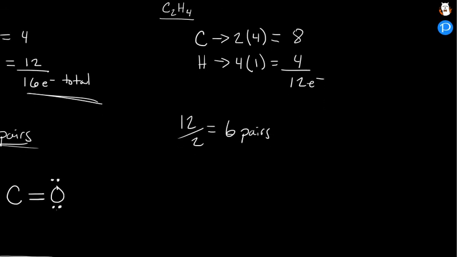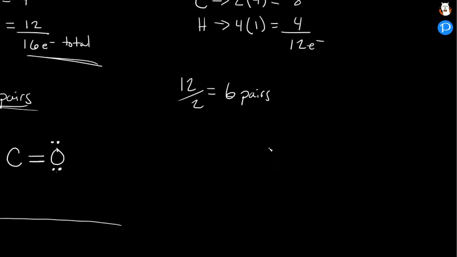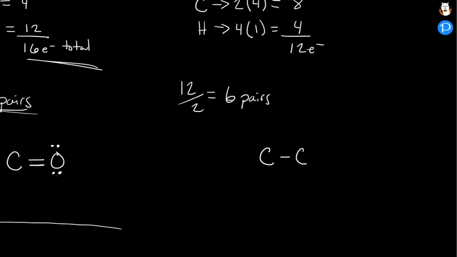Okay? Again, hydrogen can never be in the middle. So in this one, it's going to be 2 carbon atoms in the center surrounded by 4 hydrogen atoms. So I'm going to put 2 carbon atoms in the center. And now I've got 4 hydrogen atoms.